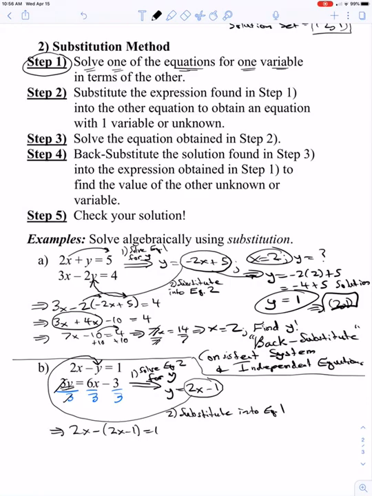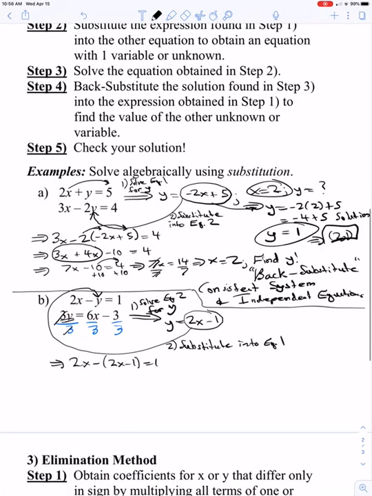And as we simplify, now notice what happens on this one. We need to distribute. So I've got 2x minus 2x plus 1 equals 1. And the x's eliminate.